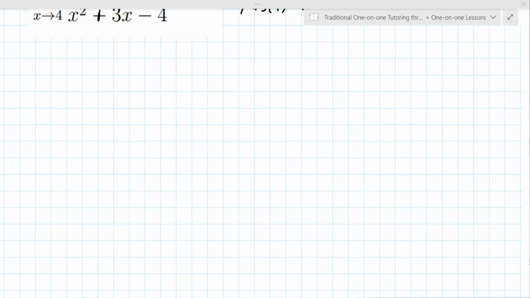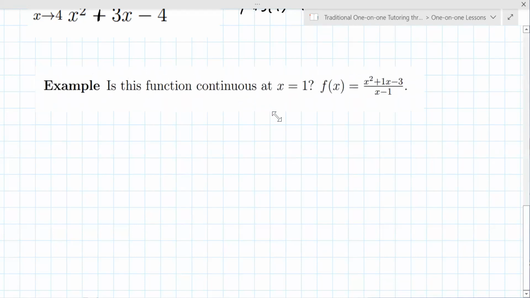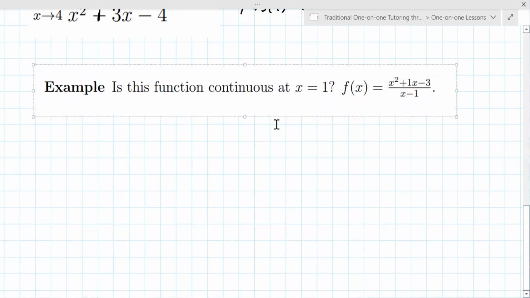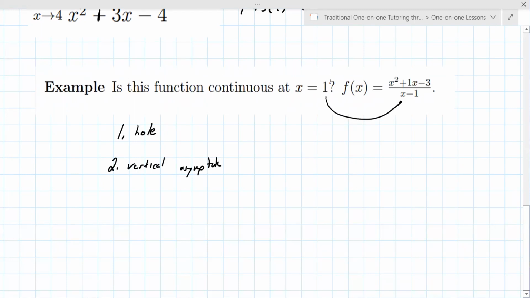Okay, so we'll start with this example that asks if the function is continuous at x equals 1. There's a couple of things that you're looking for. The first would be a hole, and the second is a vertical asymptote. In terms of what you do, you just start by plugging 1 in.